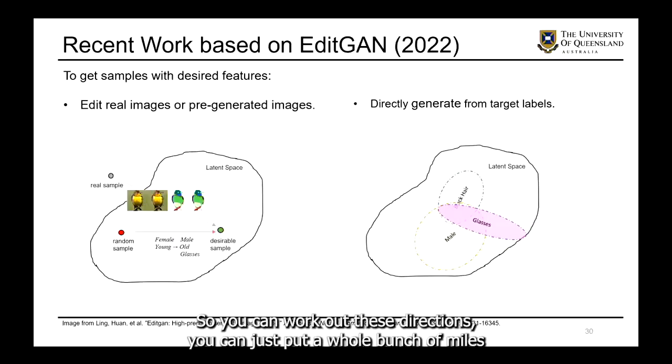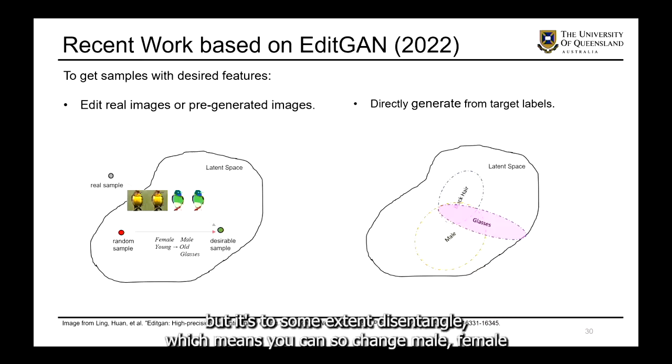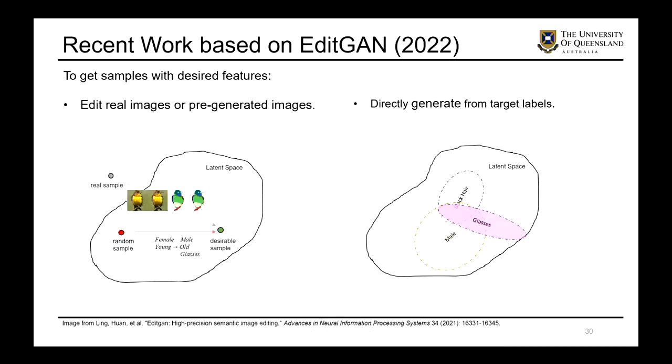So you can work out these directions. You can put a whole bunch of males in, put a whole bunch of females in, look at the vector between them in multidimensional space, and go a bit in that direction. But generally, if you go too far, things don't look very realistic, but you can move a certain distance for some characteristics. So it's not fully decoupled, or disentangled, but it's to some extent disentangled, which means you can change male, female, and the hair colour doesn't change, so the different changes are orthogonal to each other. Okay.